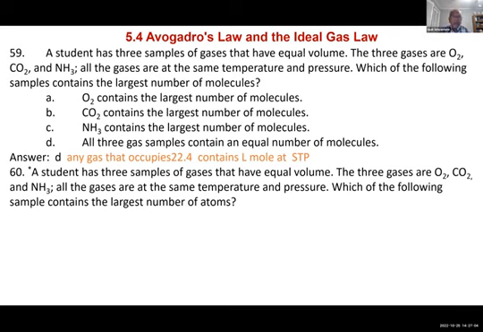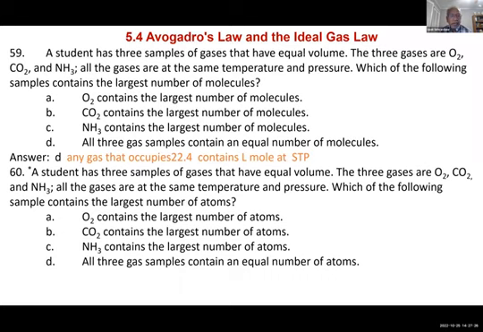Now, they all have the same number of particles. But ammonia has 4 atoms per particle. Carbon dioxide has only 3. Oxygen has only 2. Therefore, the largest number of atoms is in ammonia. Ammonia is the correct answer.